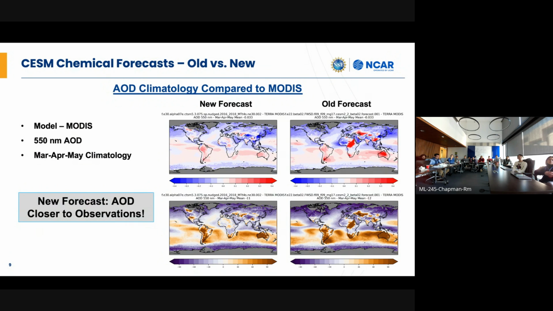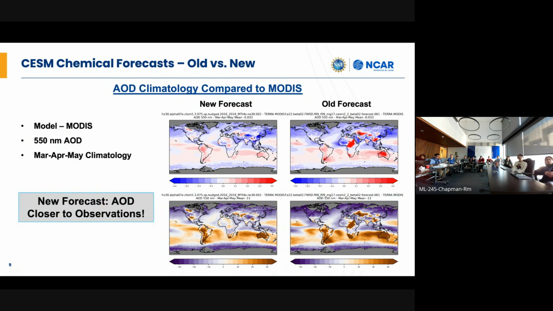And in our newer configuration, we're definitely closer than we are in the old forecast. I know Simone had mentioned that in the particular case we used, the sea salt might have been set a little low and that might contribute to that slightly, but we've done other runs, and I think it's still going to be better than what we had previously.